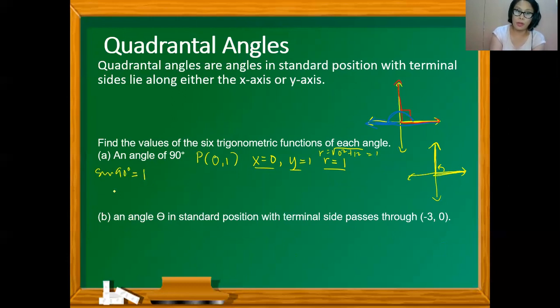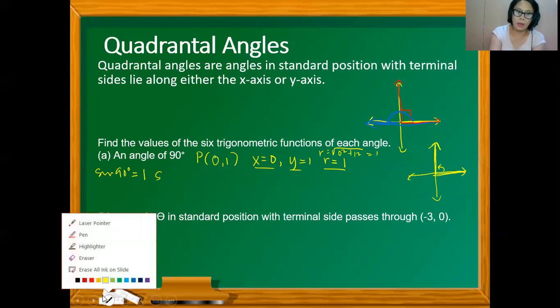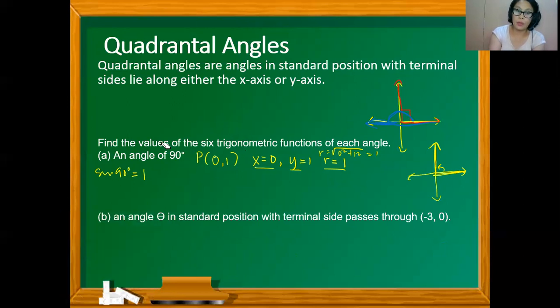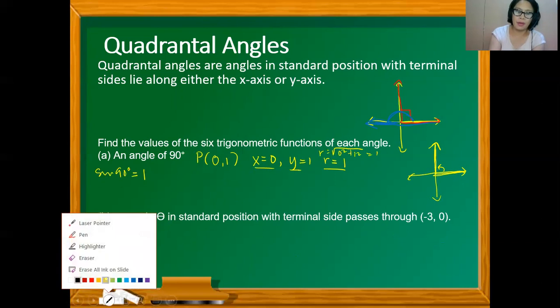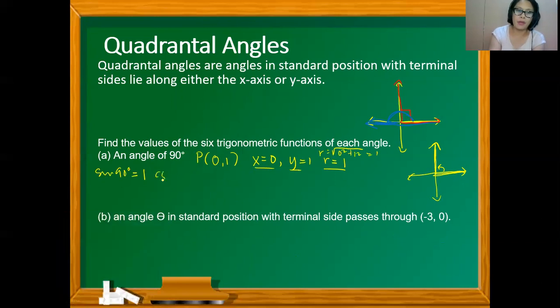Now, sine 90 degrees is y over r. So we have 1. As well as cosecant 90 equals 1. That's r over y, right? Now, cosine 90, on the other hand, is x over r.